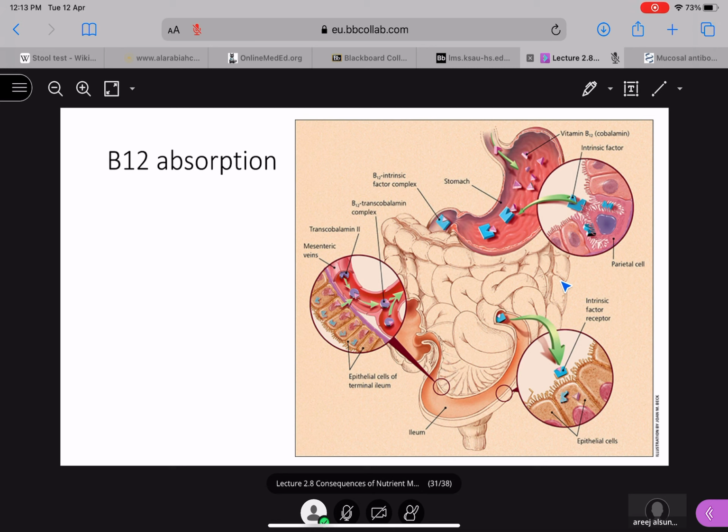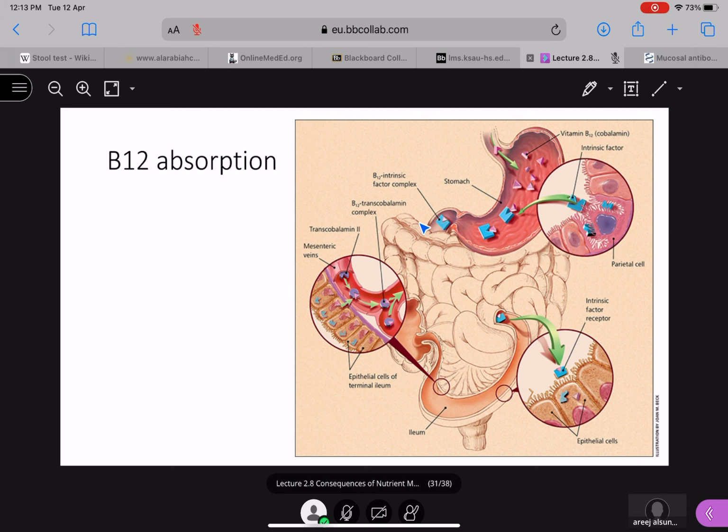Moving from iron to B12 absorption. B12 has a special way of absorption. In the stomach, the B12 will be attached to what we call intrinsic factor. This intrinsic factor is secreted from the parietal cell, as you see here, and it will be attached to the B12.